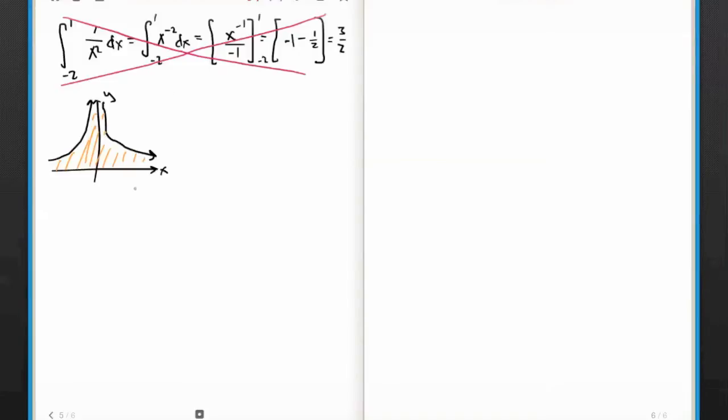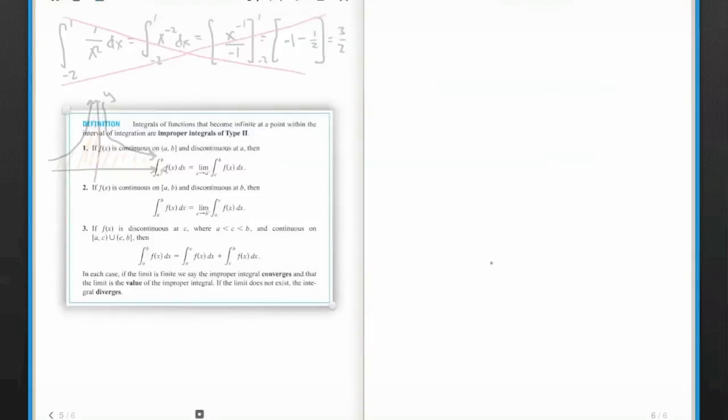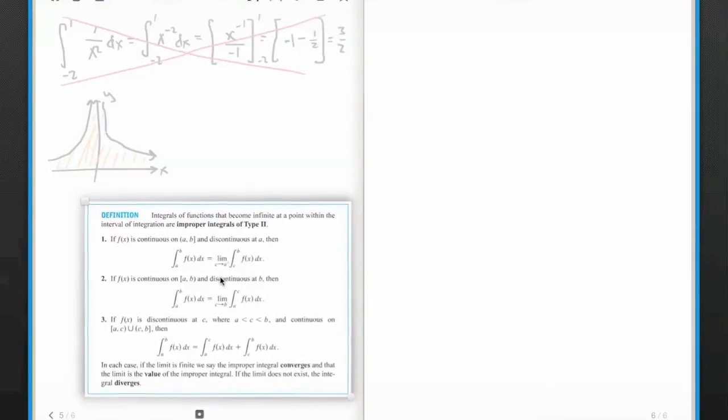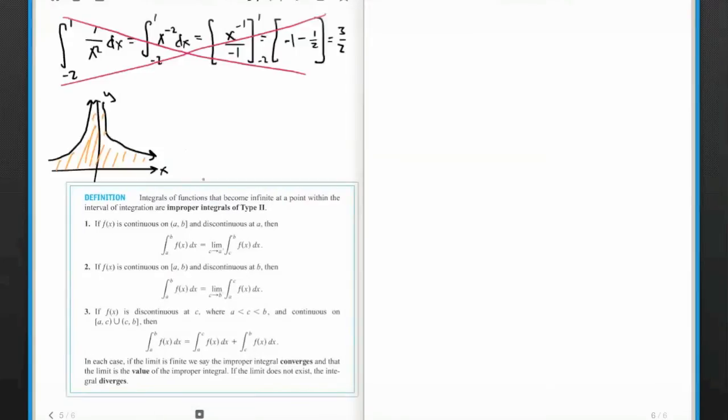So this brings about a concept called type 2, which you guys suspected was there. So an unbounded integral of the second type. If f(x) is continuous on (a, b] and discontinuous at a, notice the open parenthesis here, so from a to b is no problem, but discontinuous at a, then we'd have to say, well, we'll take the limit as c approaches a from the right side.